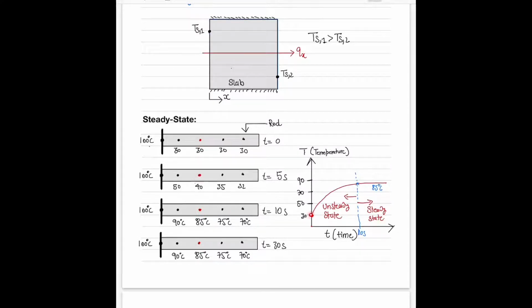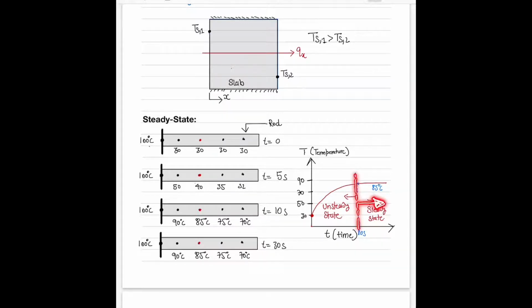So at time t equal to 0, we have a red node at 30 degrees Celsius. Before 10 seconds, its temperature was evolving: 30, 40, 85. So its temperature was increasing, and after 10 seconds, this is our 10-second line, its temperature stops increasing, as shown here also.